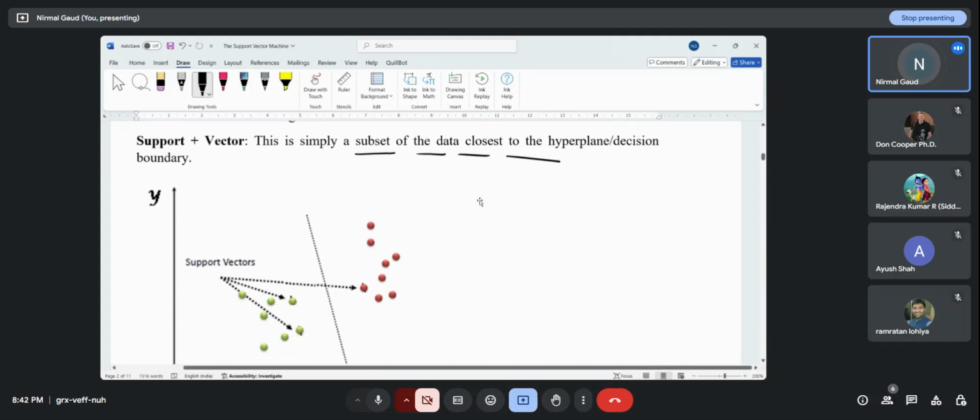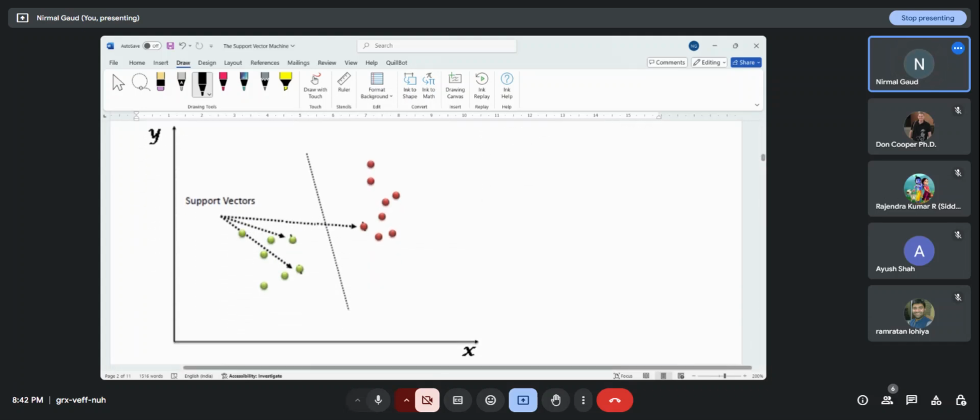Okay, so these are the support vectors, the points which are closer to the hyperplane, and from where we are saying that the class boundary is defined. So from here, the green class starts, and from here, the red class starts.